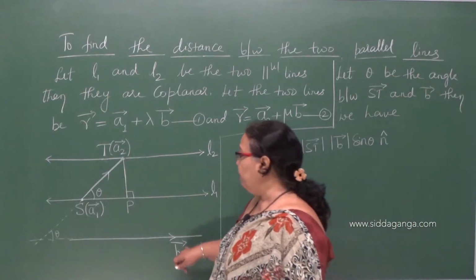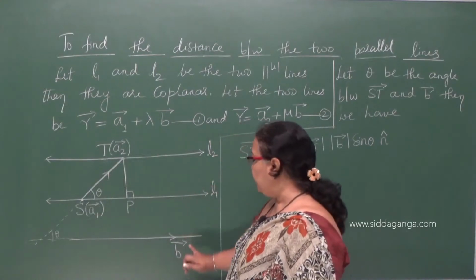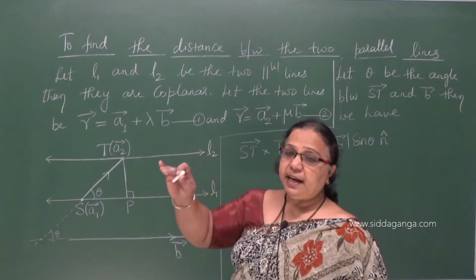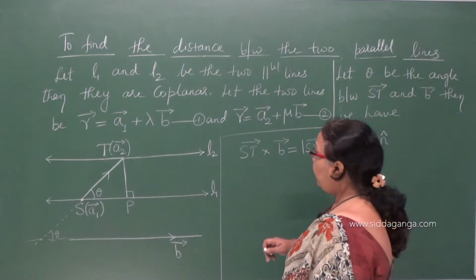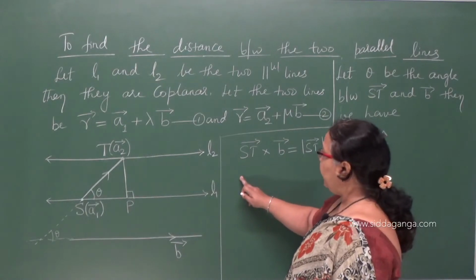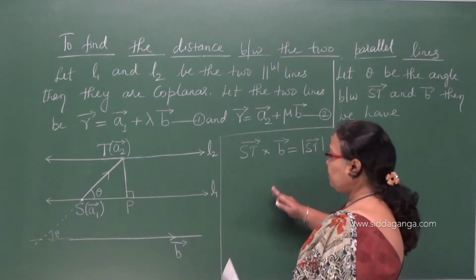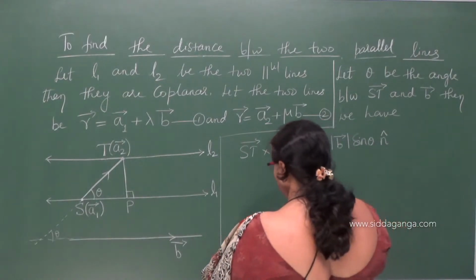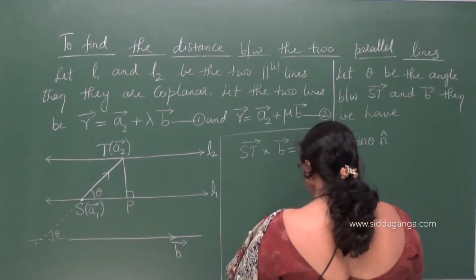The perpendicular vector to vector b and vector ST is ST cross vector b, and the unit vector we take as n cap. Now, ST vector can be written as vector a2 minus vector a1, cross vector b. If I go in this direction, I have to write b first. So that is vector ST cross vector b.